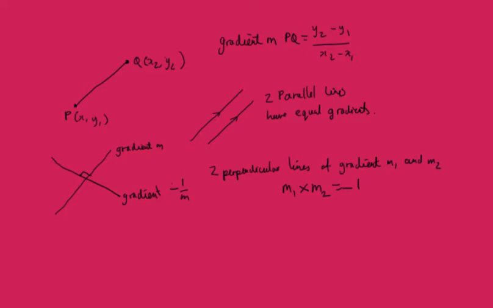Now I've just thrown all those facts on there. It's all revision, but we're going to just go through some little examples just to get back into the swing of things with these types of questions.